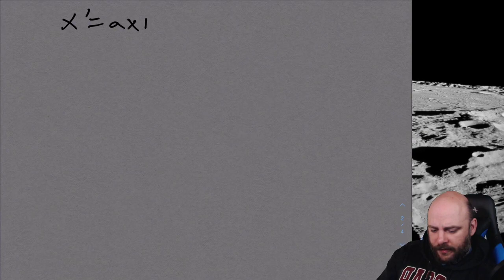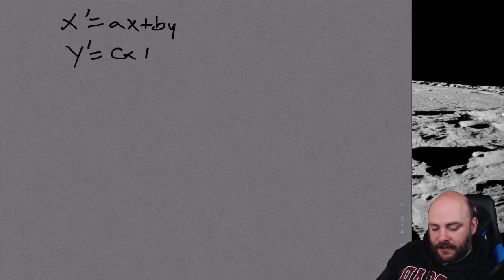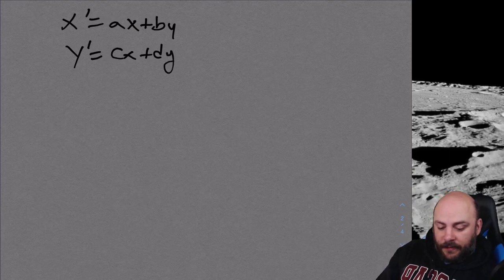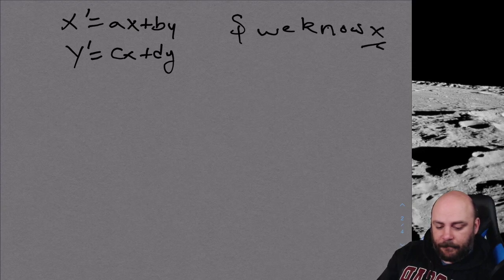Okay, so if I just rewrite the system real quick, it doesn't like it when I write quick, so I got to write slow. X prime equals ax plus by, and y prime equals cx plus dy. Now suppose we know x.